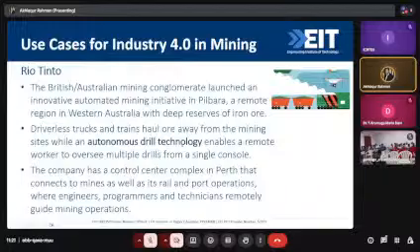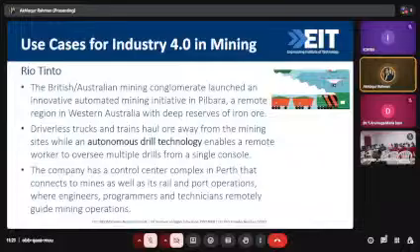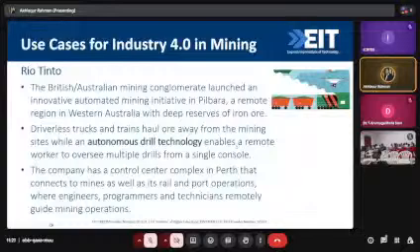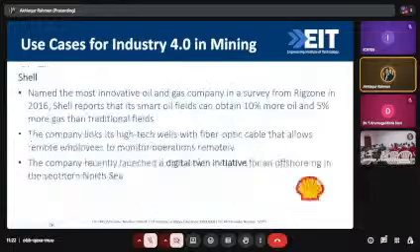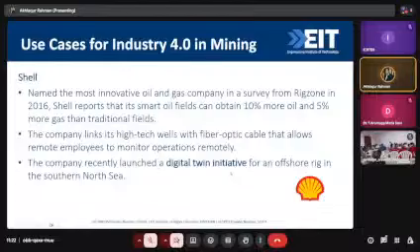You look at even the mining sector, you have Rio Tinto, who are using autonomous drill technology to do mining on the mining site for more safety purposes. But again, these are driven by data science and the progress there as well. You have Shell, who is using a digital twin initiative, which is again big data being processed.